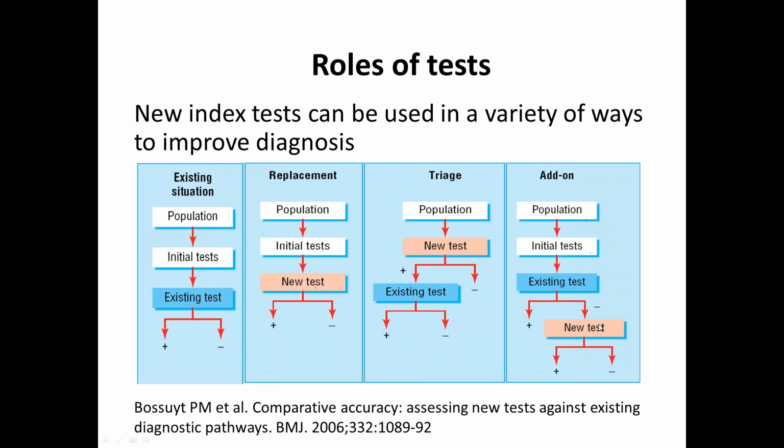Or it could be that the new test is used after the existing test to improve sensitivity or specificity of that test. And so when we're looking at identifying our studies, when we're comparing tests, we have to be clear as to what pathway model we're going to compare with, because the accuracy of these strategies we're now looking at will have different accuracy.